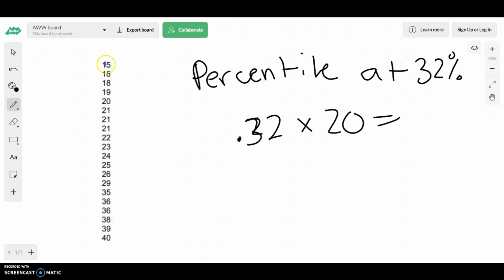So halfway between our 6th and our 7th numbers. So we go 1, 2, 3, 4, 5, 6, and our 7th number is 21. So halfway between 21 and 21 is 21. We use this to figure out which numbers we need to look between, which is our 6th and our 7th number.